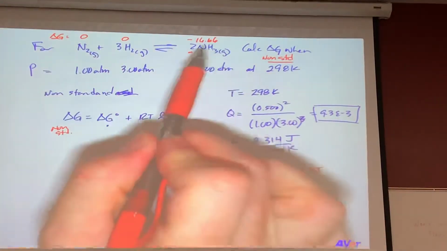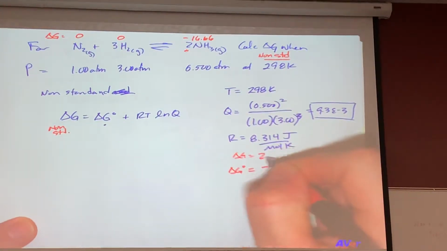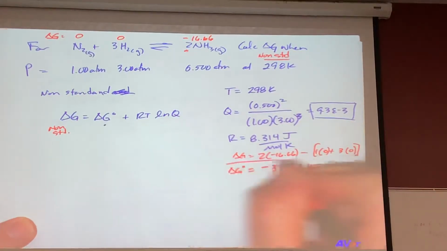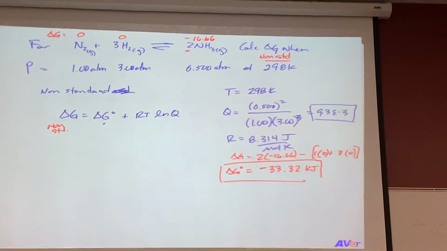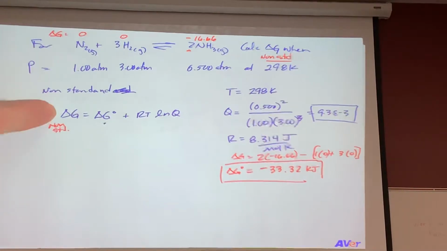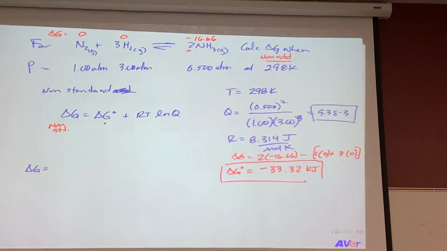Reactants are 0, so all you're doing is multiplying this by 2. In other words, delta G equals 2 times negative 16.66 minus 1 times 0 plus 3 times 0. Okay, so that's your delta G. All right. With that information, you get delta G for non-standard conditions. This one. So I'm going to freeze that.